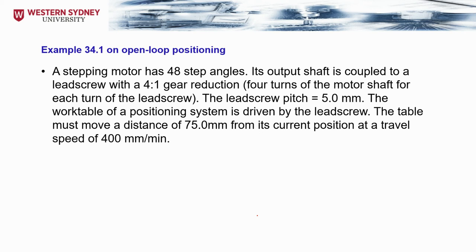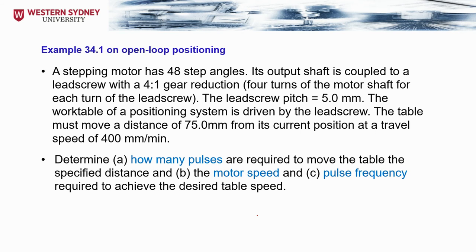The work table or positioning system is driven by the lead screw. The table must move a distance of 75 millimeters from its current position at a travel speed of 400 millimeters per minute. Find: A, how many pulses are required to move the table the specified distance; B, the motor speed; and C, the pulse frequency required to achieve the desired table speed.